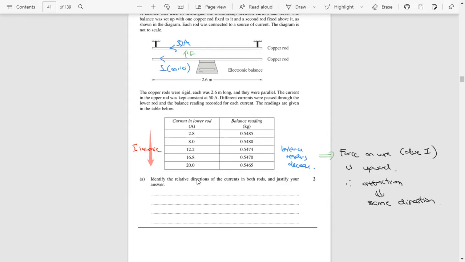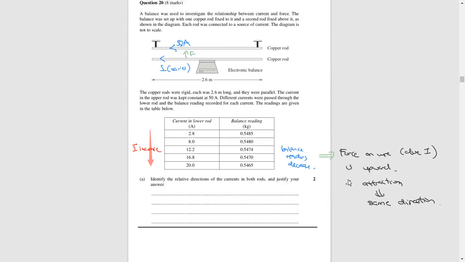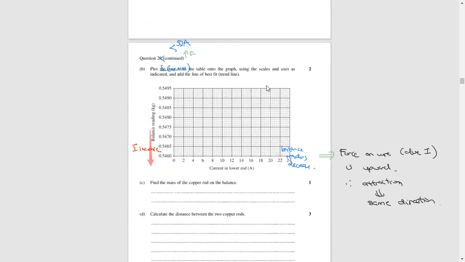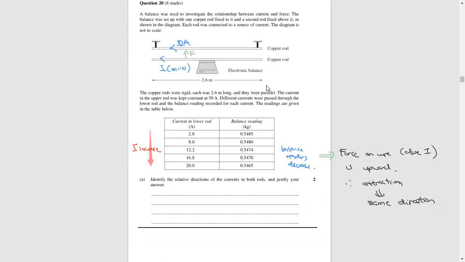A. Okay, so we just did that, right? We worked out that the directions in both rods are the same, and we've given the reason why. And so the next thing I want us to plot, I'm going to have to reproduce the table. Give me a moment.